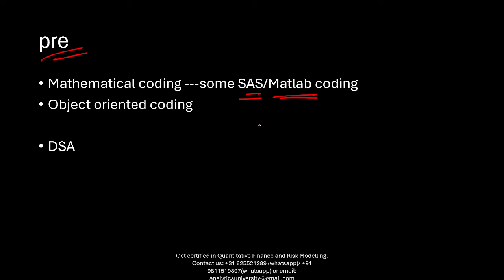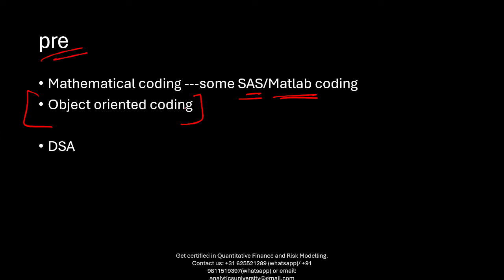Mathematical coding can be a bit different. Try just doing some basic things like matrix multiplication, finding the inverse of a matrix, solving a set of linear equations using matrix, using any of these coding languages, SAS, MATLAB. All that is good. If you have done object-oriented coding, that's really good.